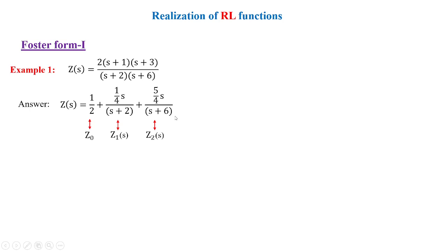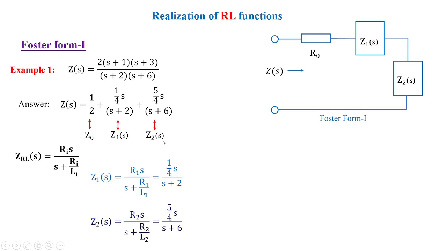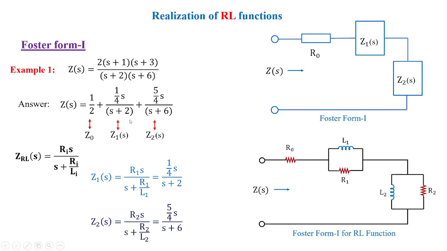So we are treating these individual impedances as Z0, Z1 and Z2, and the Foster form 1 basic representation is this. Now the Z1 and Z2 can be solved with the Z1 formula and Z2 formula, which is shown over here. Now after solving for Z1 and Z2, we can frame the Foster form 1 for RL function in this fashion.